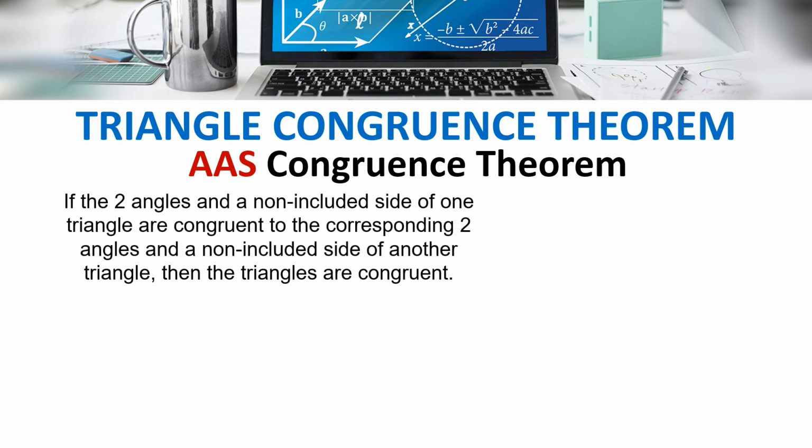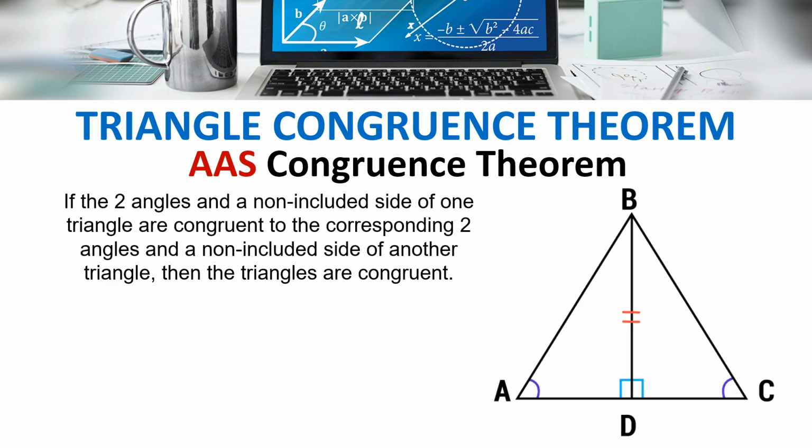So sa AAS, ang sabi naman, if two angles and a non-included side of one triangle are congruent to the corresponding two angles and a non-included side of another triangle, then the triangles are congruent. So kanina 'di ba, included side ang tinutukoy. Pero this time non-included side. So tingnan muna natin.